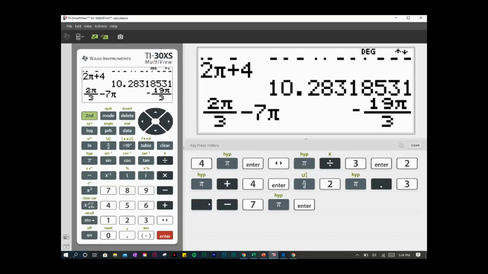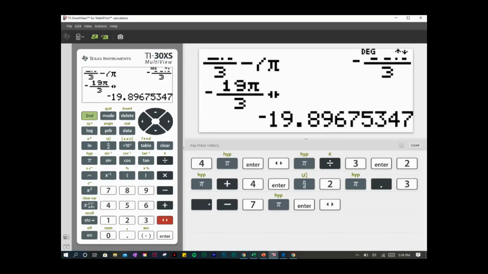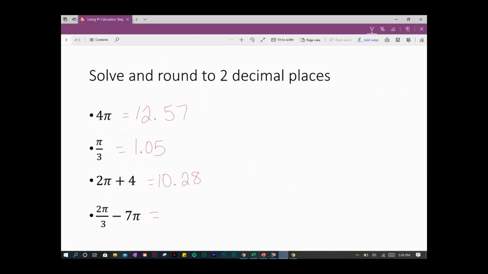But since ours says to round to 2 decimal places, I want the decimal, so I'm going to use the toggle button. So I get negative 19.89. The number after that 9 is a 6, so it's going to make the 9 round up, which since it's a 9, it rounds up to 10, so that becomes a 0, and it makes the 8 next to it also round up. So we get negative 19.90.